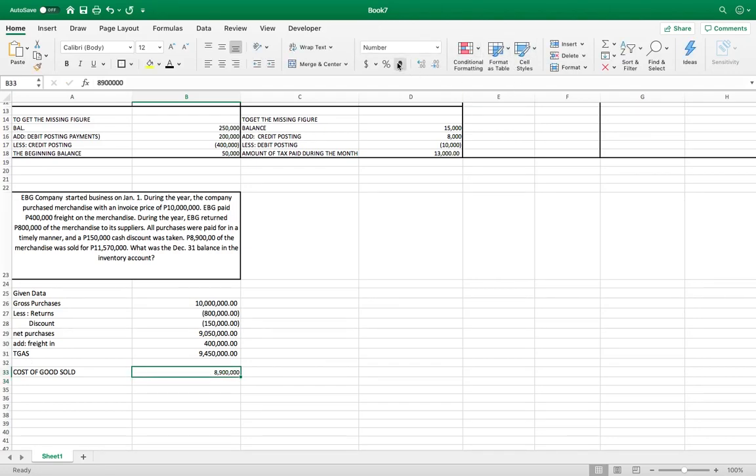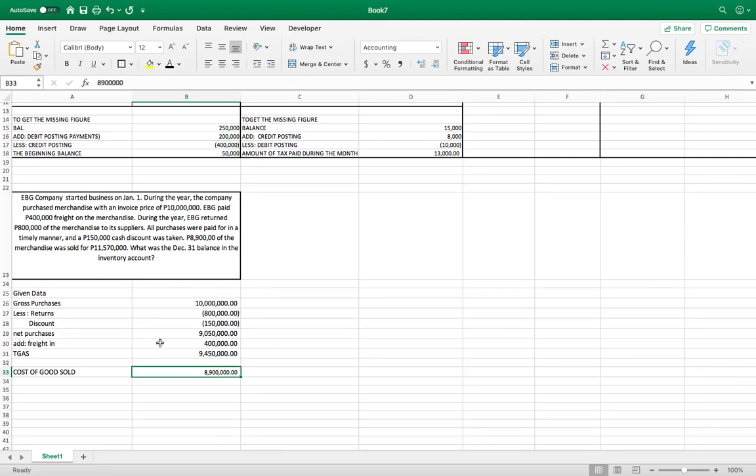How do you know that it's the cost of goods sold? The problem says 8,900,000 of the merchandise was sold for 11,570,000. Therefore, the 11,570,000 is the selling price. And the cost of that 11,570,000 that is being sold at selling price is 8,900,000.